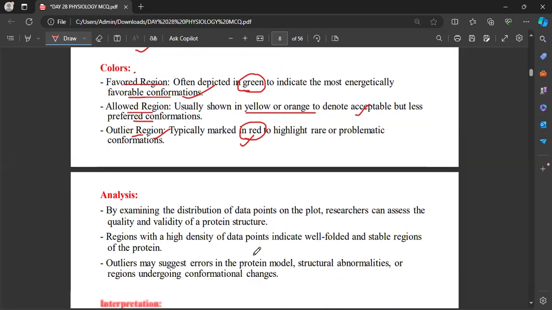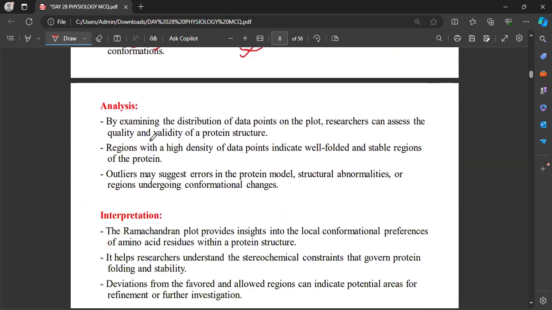Now, what analysis can we get from this Ramachandran plot? By examining the distribution of the data points on the plot, researchers can assess the quality and validity of the protein structure. We can say that is a qualitative analysis. The regions with a high density of data points indicate the well-folded and stable regions of the protein.